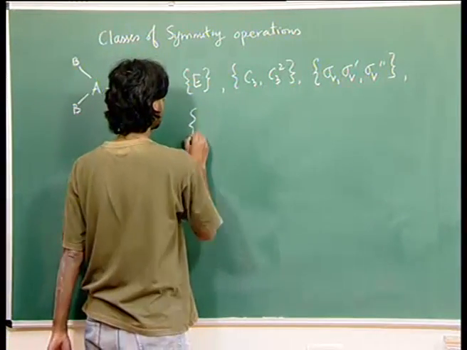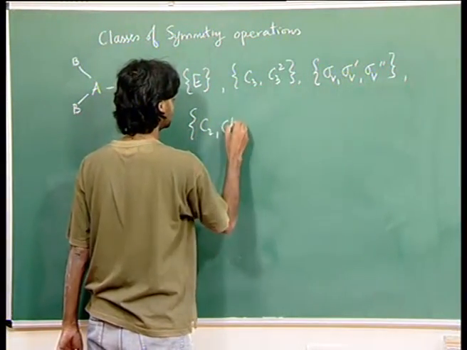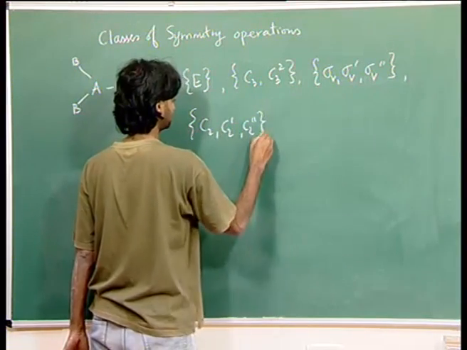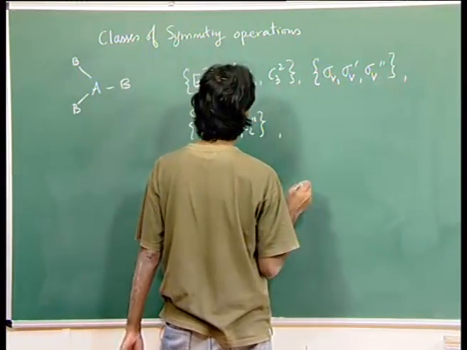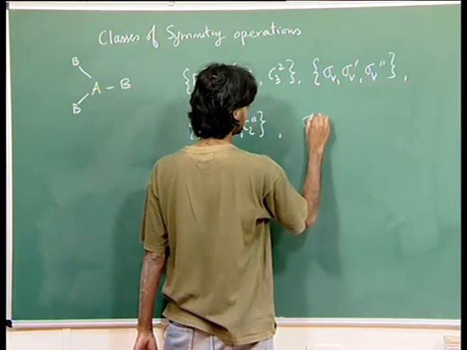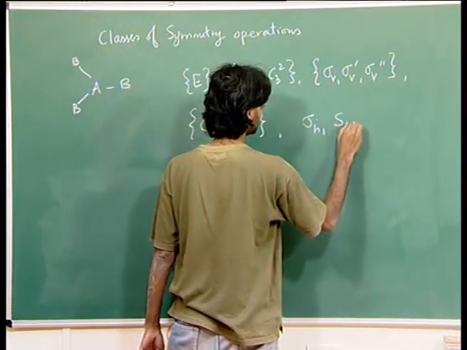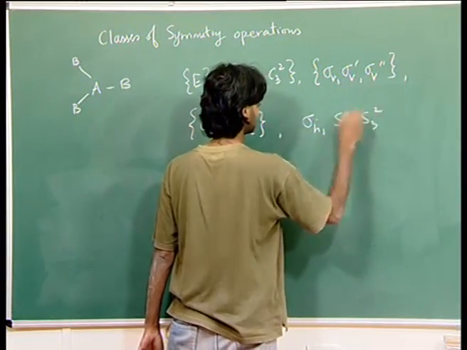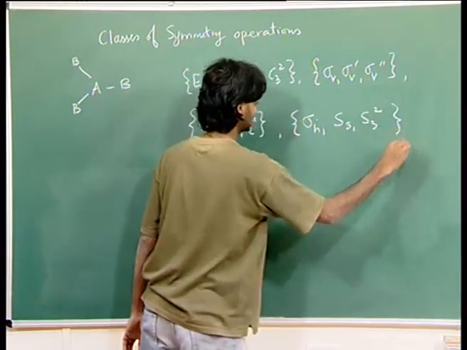Then C2, C2 prime, C2 double prime, these formed a class. Then you had sigma H, S3, S3 square, these 3 formed a class.